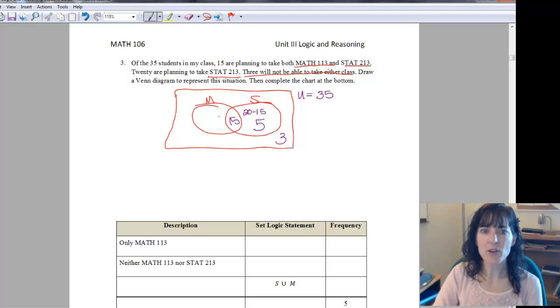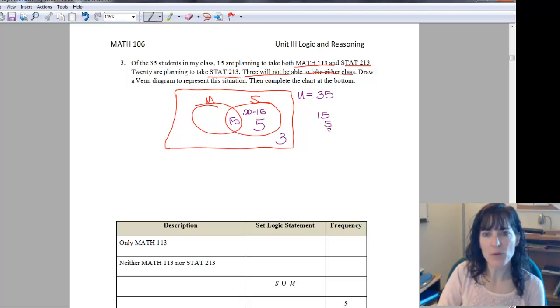And I need to figure out how many are over here just taking Math 113 next semester, or in the plans. Okay, so it's just plans. So I already have 15 people, 5 people, and 3 people listed on my Venn diagram. And so that's 23 people.